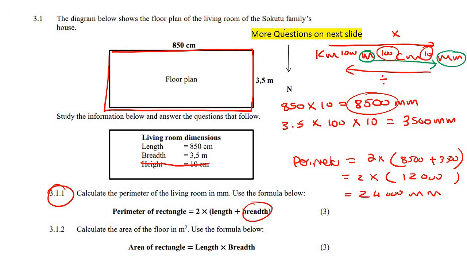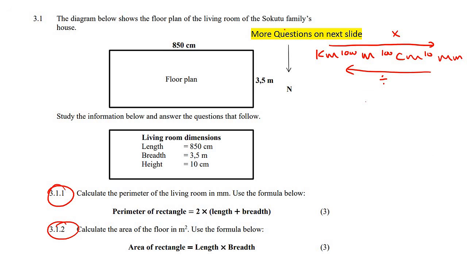Okay, this next question says, calculate the area of the floor in meters squared. So now they want us to use meters. Luckily this one is already in meters, so we just need to convert this one. If we take 850 centimeters, we are converting centimeters into meters. So we're going this way.